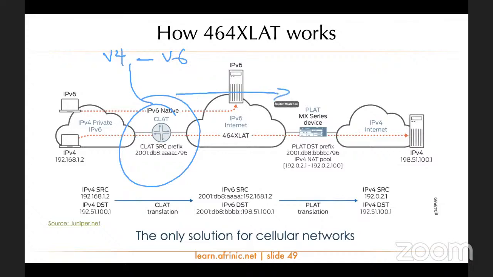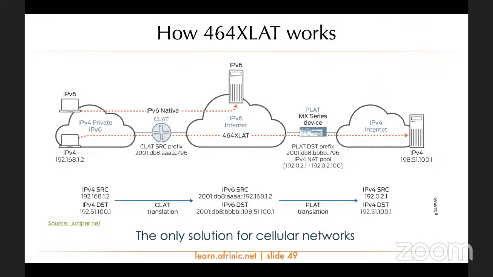And then when you get to the provider side translator, it is going to do the stateful translation from v6 to v4. And this is probably why the term 464 XLAT comes from: you're translating from IPv4 to IPv6 and then to IPv4.